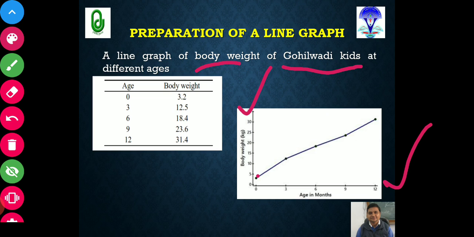At 3 months it is 12.5, then 18.4, then 23.6, then 31.4. Now I will connect all these data points and form a line diagram. So this is how a line graph is prepared.